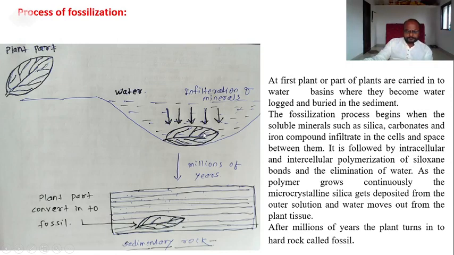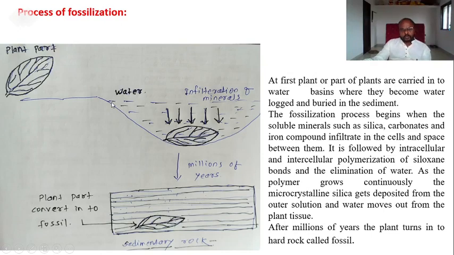Say there is a leaf; this leaf has some xylem and some sclerenchyma tissue. The soft tissues, for example parenchyma and chlorenchyma, are destroyed. But due to the infiltration of mineral into the hard tissue, the whole leaf is turned into rock along with the sedimentary rock.